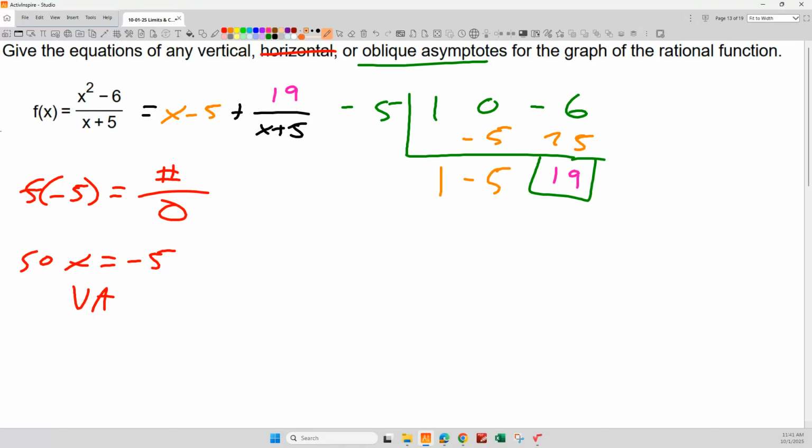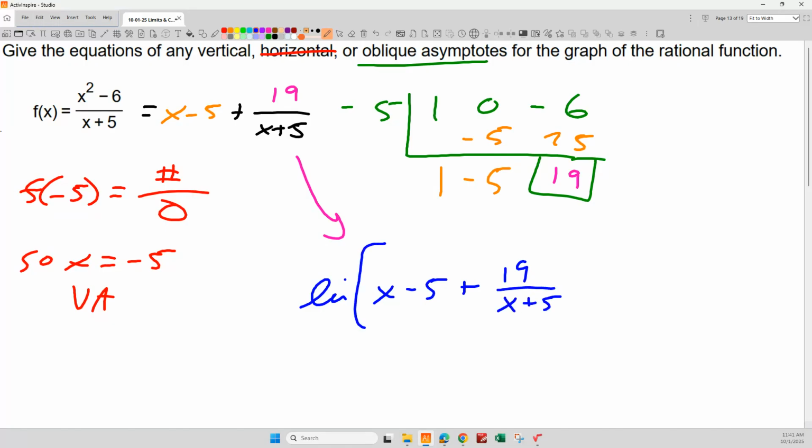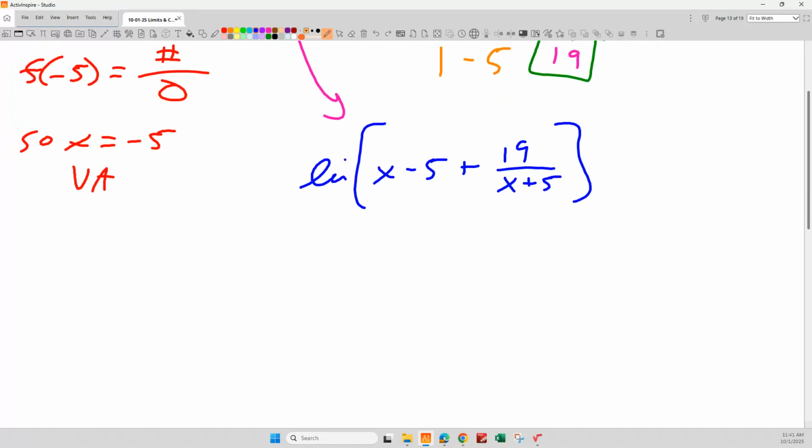Okay, and then if I take the limit of that as x approaches infinity, what happens to that last term? It goes to 0, because the bottom is a bigger power of x than the top.